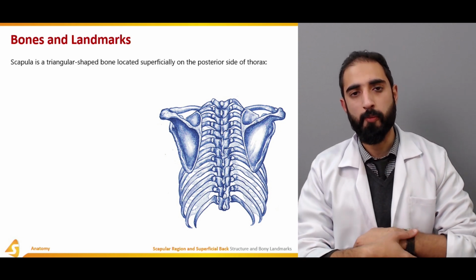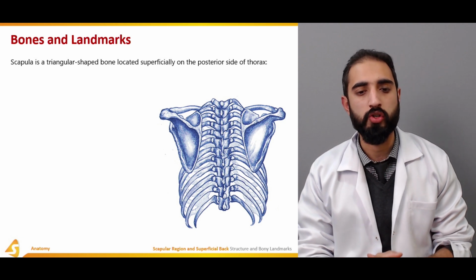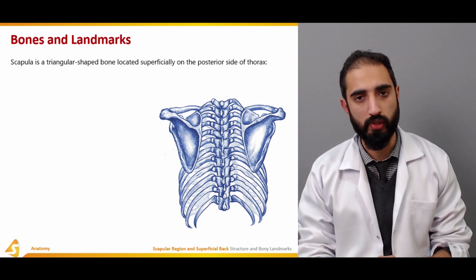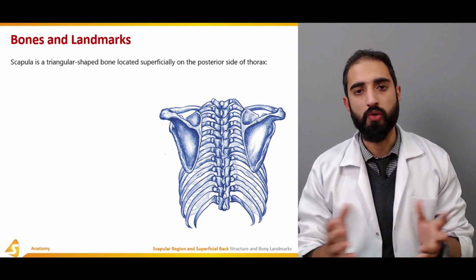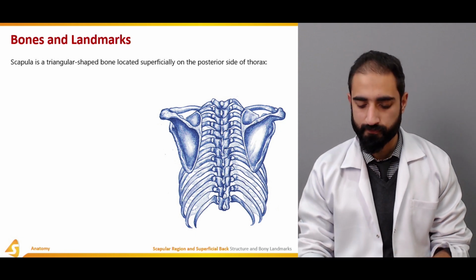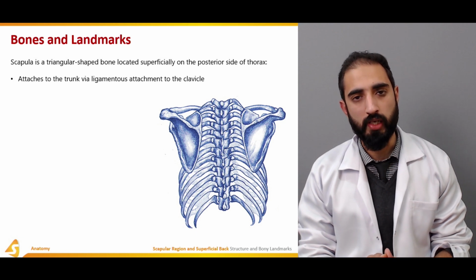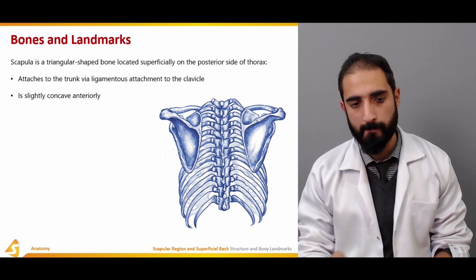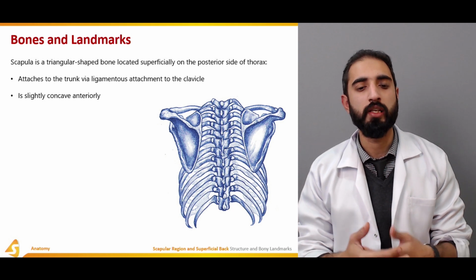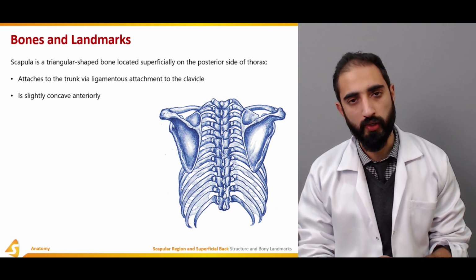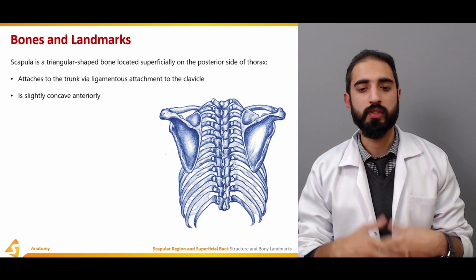So talking about the scapular structure, the scapula is a triangular shaped bone located superficially on the posterior or dorsal aspect of the thorax. It attaches to the trunk via the ligamentous attachment to the clavicle, and it is slightly concave anteriorly or ventrally, because it sits on the thorax.